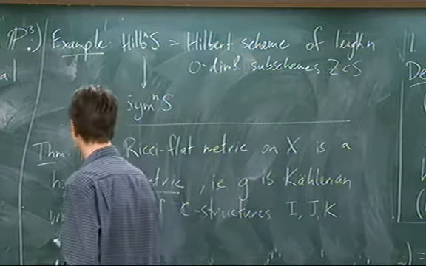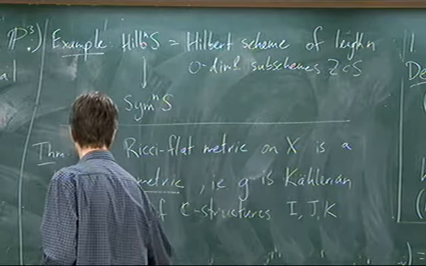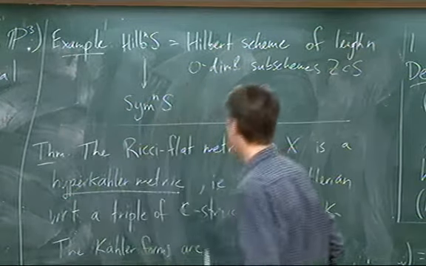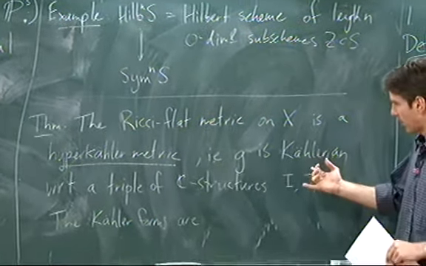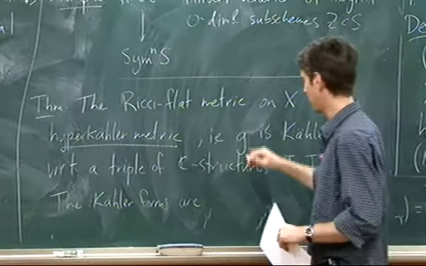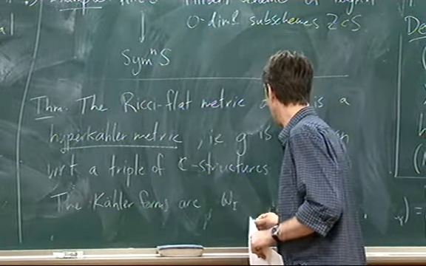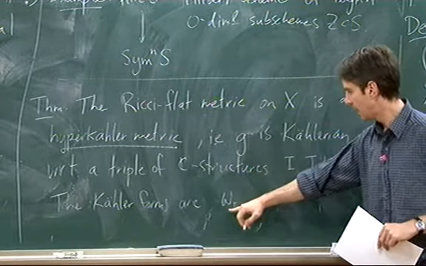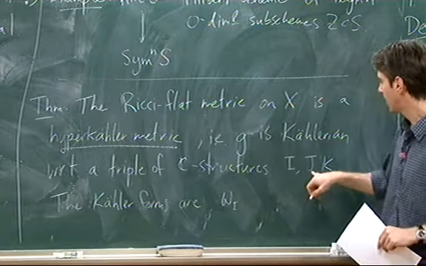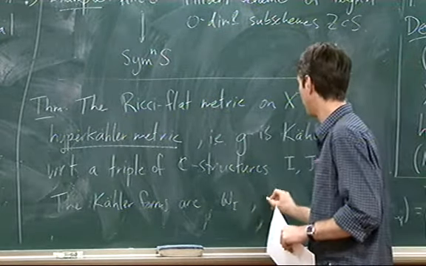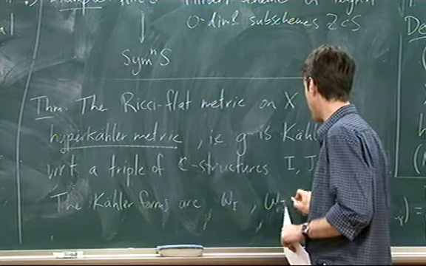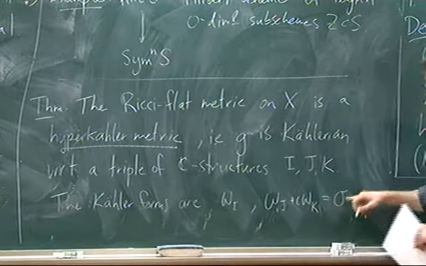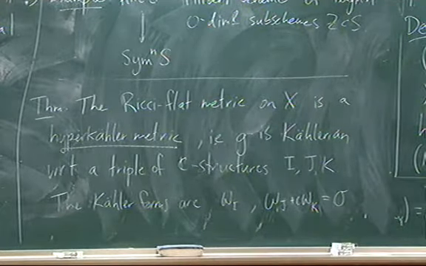Okay, so the Kähler forms are then, well, in order to apply Yau's theorem, you need to pick a Kähler class, and then you get the corresponding metric. There's already a Kähler form with respect to I, and the other two I can sort of combine into a holomorphic two form, and that's this holomorphic symplectic form.